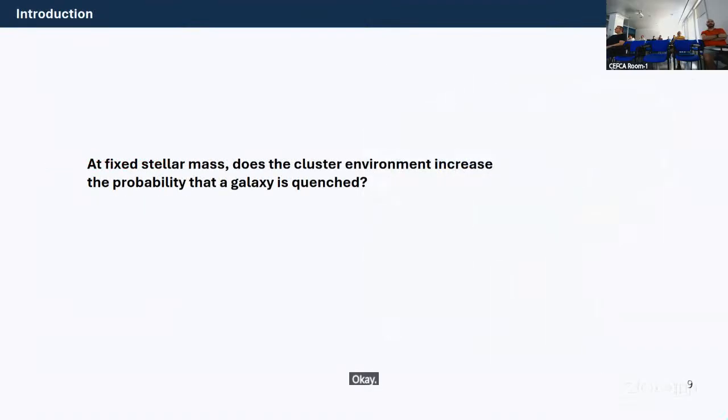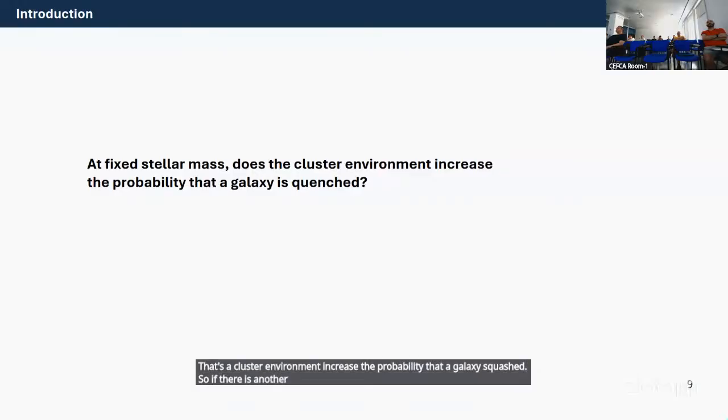So the main question that we want to solve is: at fixed stellar mass, and for different stellar masses, does the cluster environment increase the probability that a galaxy is quenched? So is there an overquenching due to the environment of the galaxy cluster?